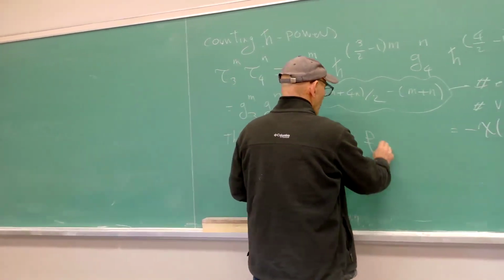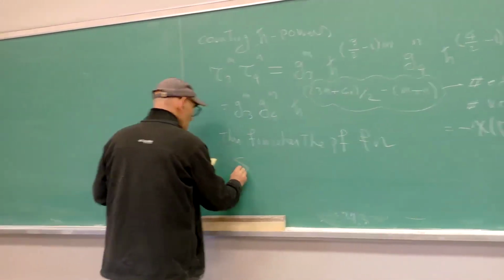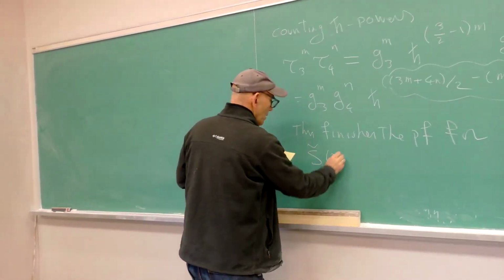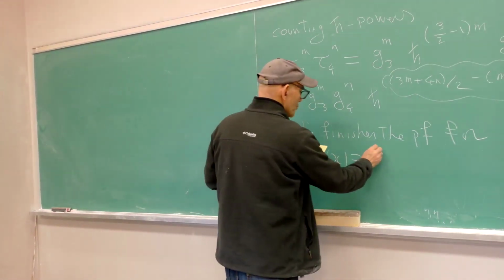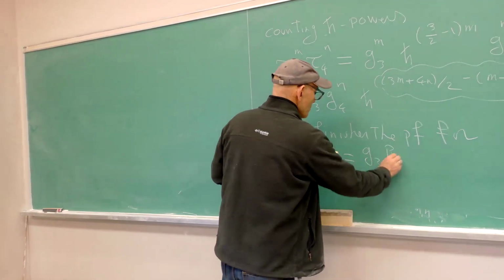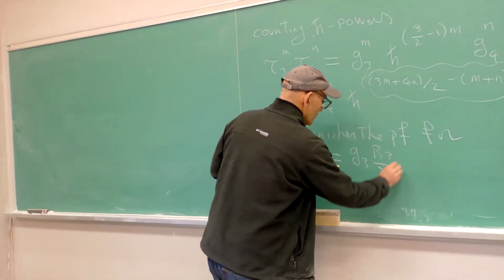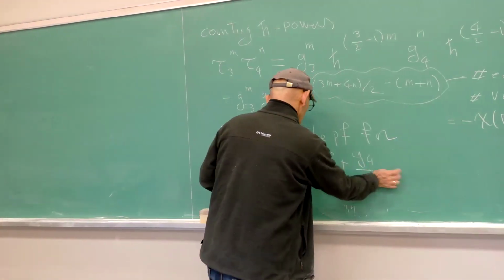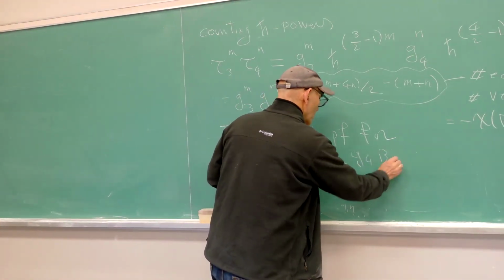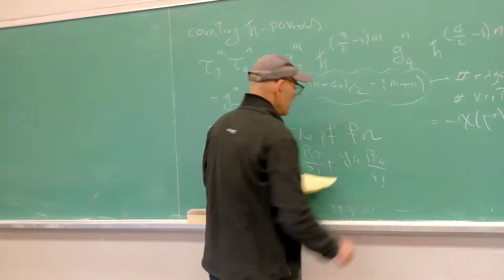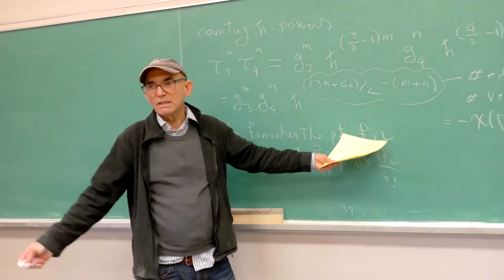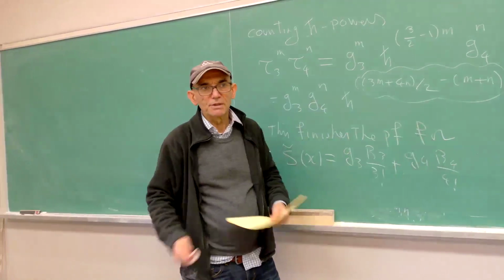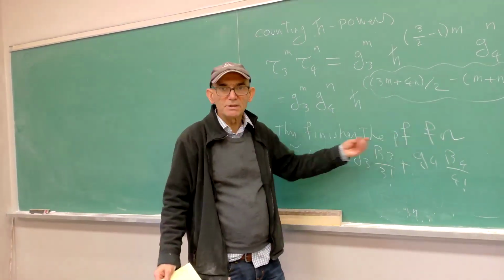We proved it for S of x equal to G3 times D3 over 3 factorial plus G4 times D4 over 4 factorial, but in general, if you have more terms, it's exactly a similar argument. There's no difference. You just add more variables. That's it.